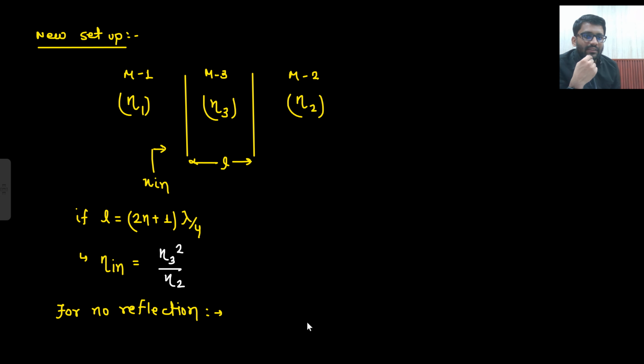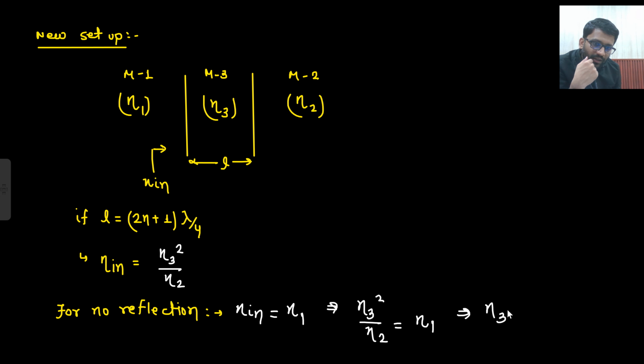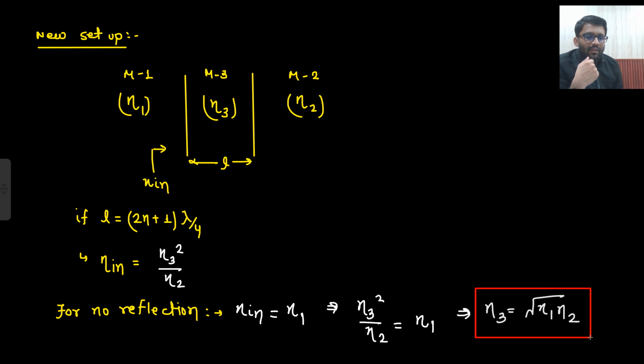And for zero reflections, what do you need? That your eta in should be equal to eta 1. Say yes or no. And from here, what are you getting? Eta 3 square divided by eta 2 should be equal to eta 1. So from here, eta 3 equals under root eta 1 into eta 2. This is what you are getting.